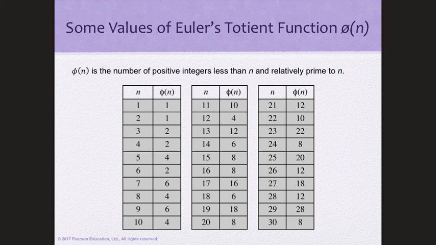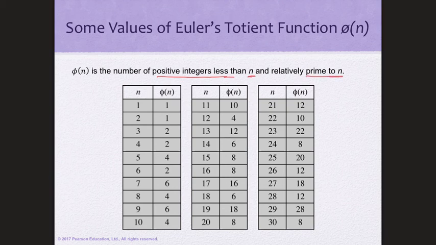Now there's another theorem which is also as important as Fermat's theorem, and it's called Euler's theorem. That theorem does not really deal with the numbers directly, but deals with a mixture of the numbers and a function. And the function is called Euler's totient function, phi of n. What is the Euler totient function? Phi of n is the number of positive integers less than n and relatively prime to n.